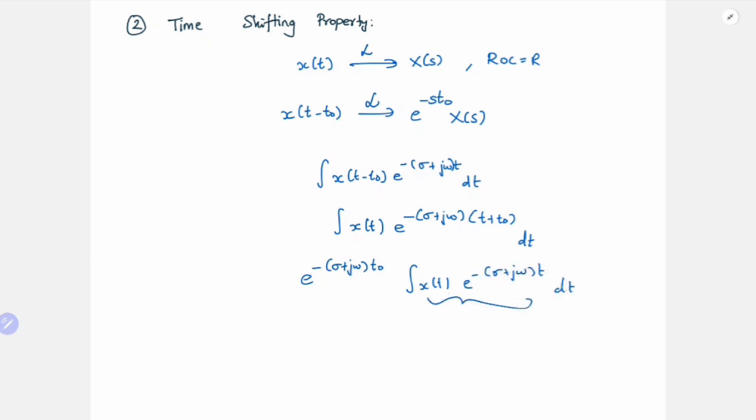So this is the one again defining what the region of convergence is going to be. But this is nothing but my x of s itself, right? So its region of convergence is also going to be R.